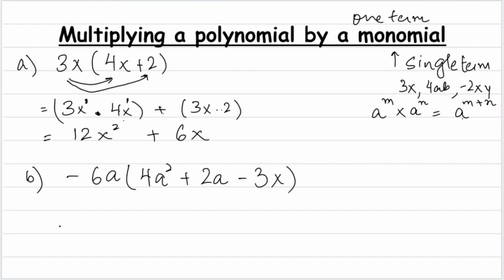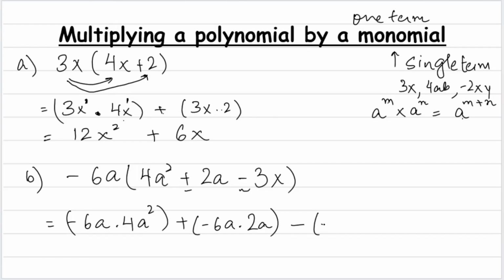As I told you before, minus 6a will be multiplied with 4a square, plus minus 6a will be multiplied by 2a, and then this minus and minus 6a will be multiplied by 3x. Minus 6 times 4 is negative 24. A and A same base, so A stays the same and the exponents will get added. This is 2 and what is this? 1. So 2 plus 1, 3.